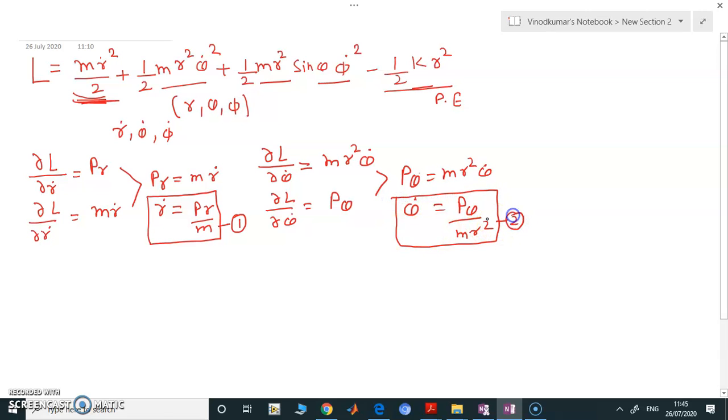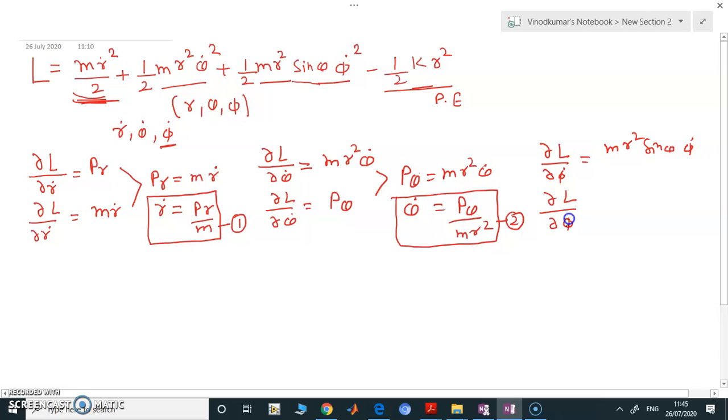Okay, now third, we have to calculate phi dot. For that we take dou L by dou phi dot. The third term will give the result, other terms will be 0. So what we get here is m r square sine square theta phi dot, and again dou L by dou phi dot is p phi.